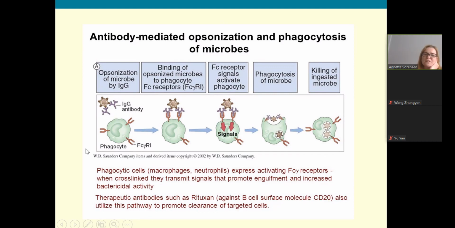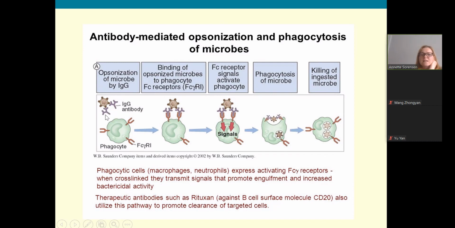the phagocyte, so in this case a macrophage or a neutrophil, expresses receptors for this constant region. So we just talked about how they have this constant region. You can see that constant region is obviously there. The specific region of the antibody is up here, because that is what is recognizing this antigen.